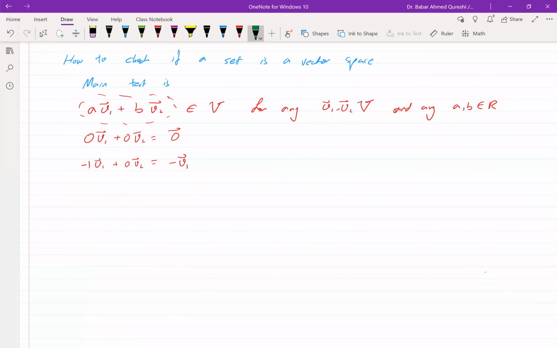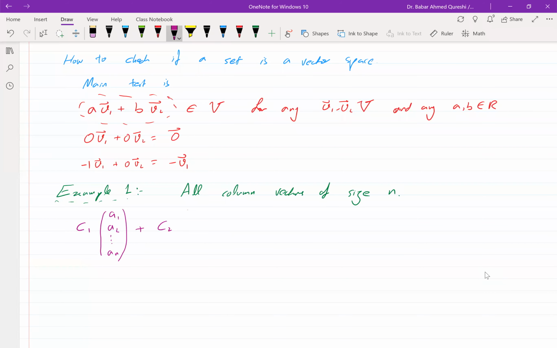So let's take an example. All column vectors of size n. So I can check that if I take any two and multiply, so these are two arbitrary vectors. A1, A2, AN could be anything.